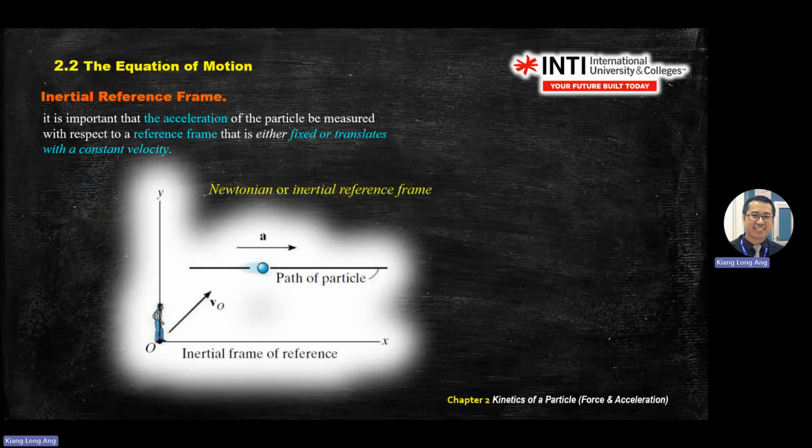Now in chapter 2, we start to have position again. We need a reference point. We always start with a reference point O, then to the right is X, moving up is Y, and then we have a path of the particle. In chapter 1, you dealt with linear, quadratic, and polynomial equations.